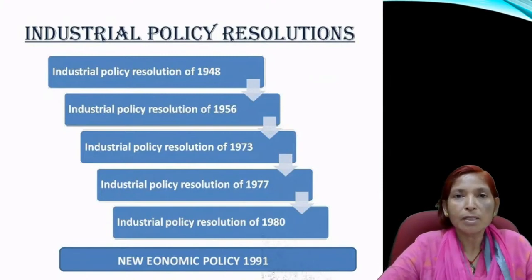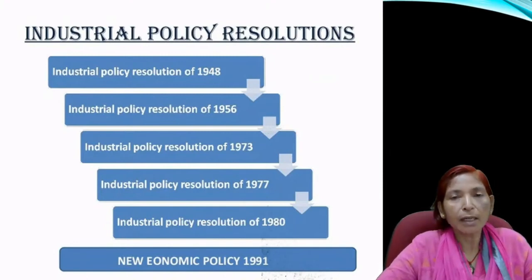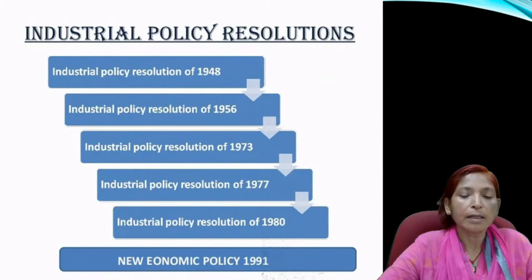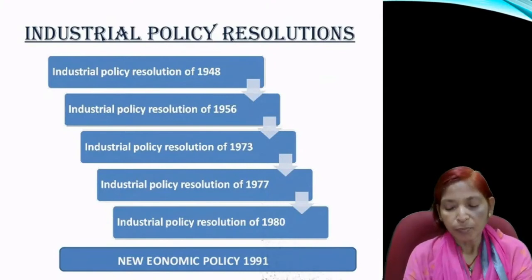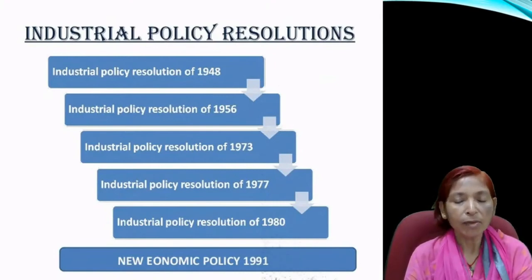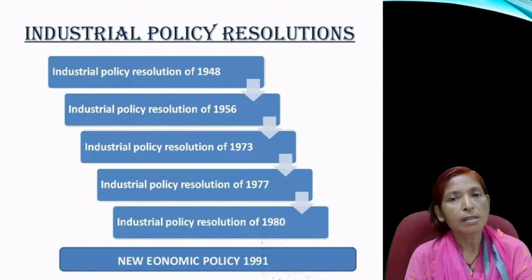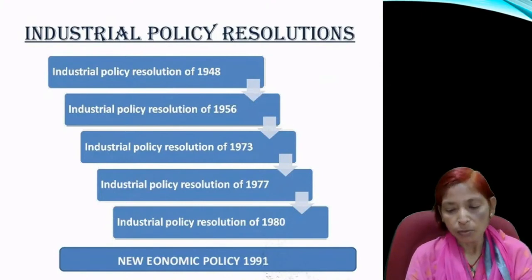Then Industrial Policy Resolution, in short form we can say IPR, of 1980s and IPR of 1991, which is known as New Economic Policy or New Industrial Policy of Indian Economy 1991. So these are industrial policy resolutions since independence till now.